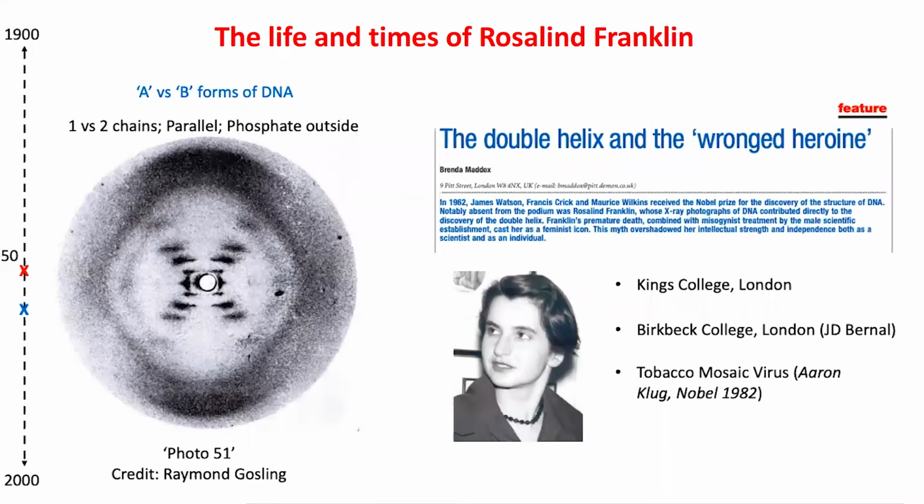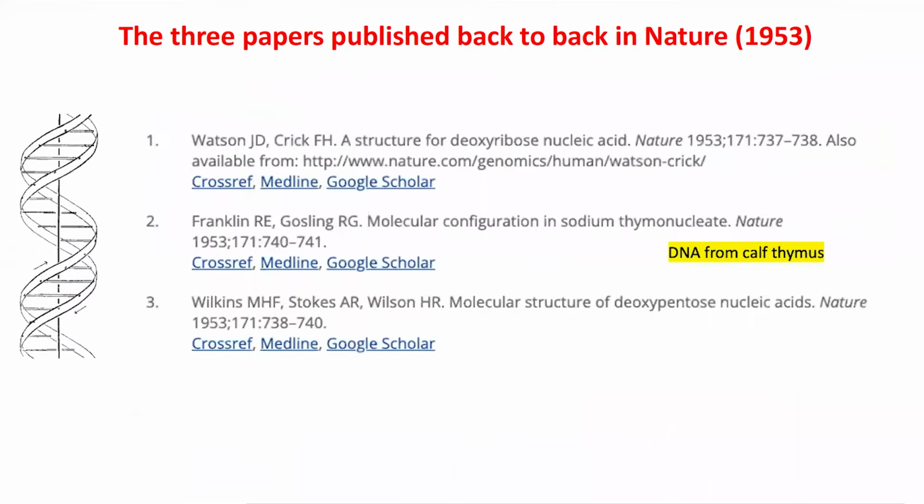DNA is basically DNA, and as long as you have enough pure amounts of DNA, you can kind of work with it. So I'm going to now basically stop the first part of the structure of DNA and the history of DNA by talking about Rosalind Franklin and her role in our understanding of what DNA structure looks like. Now, let me remind you again that the model was solved by Watson and Crick, who were at the Cavendish laboratory in Cambridge.